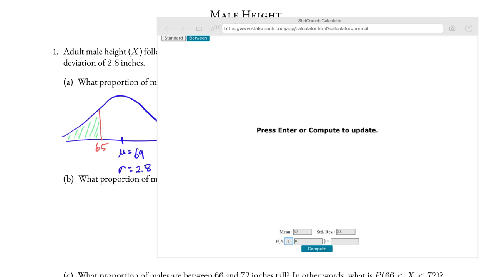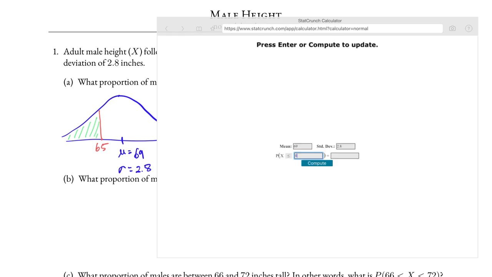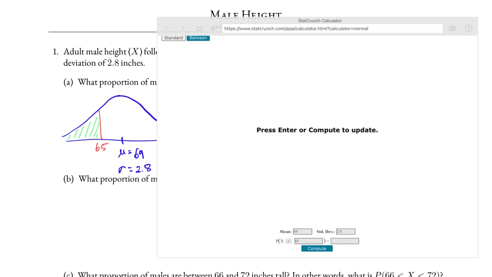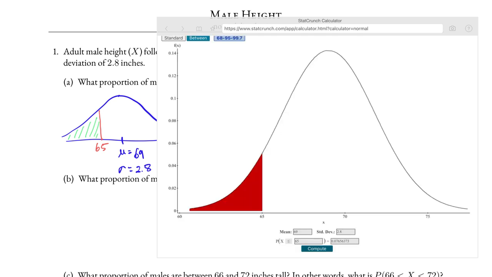Less than is the same as less than or equals, so we would pick less than or equals for less than. The value that we are interested in this problem is 65. We want the probability that x is less than 65, and then we would hit compute.